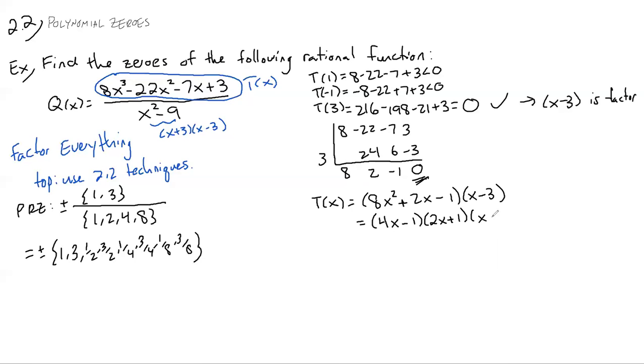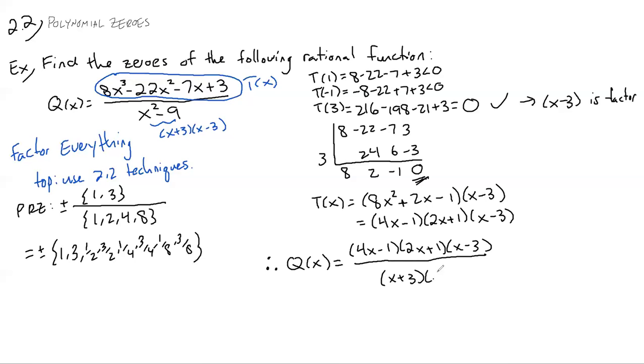And so for q of x, let me write out this whole thing: 4x minus 1, 2x plus 1, and x minus 3, over x plus 3, x minus 3.